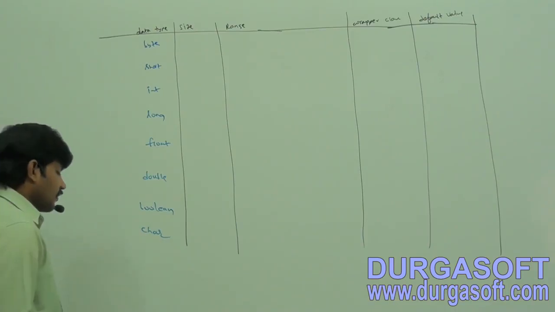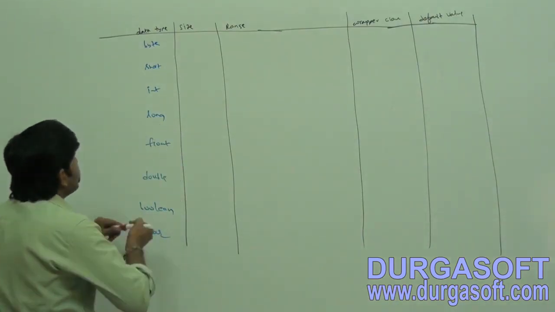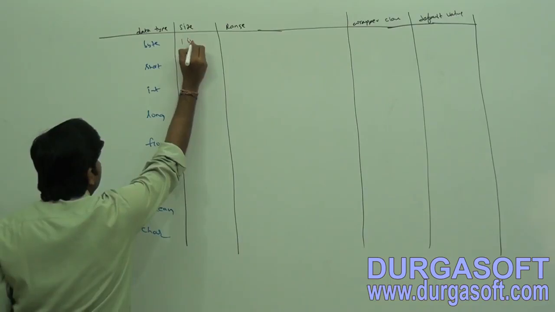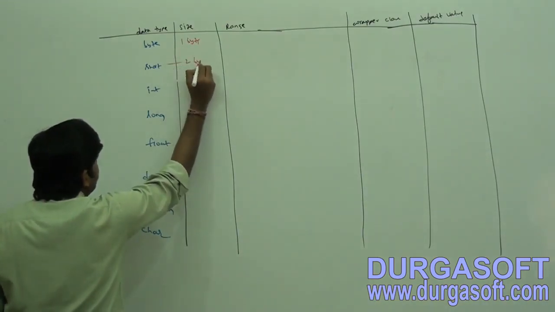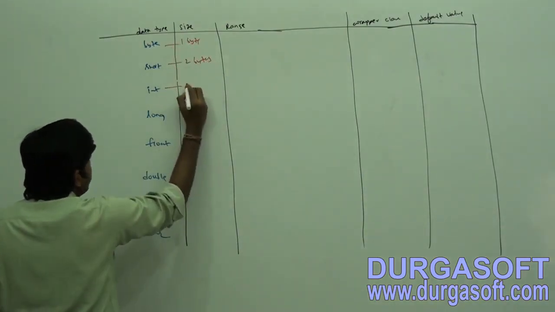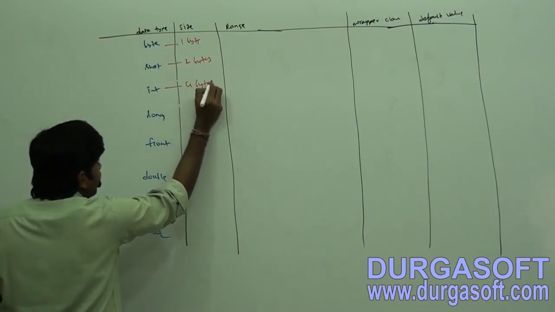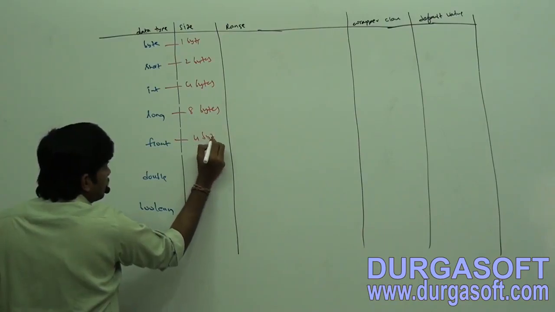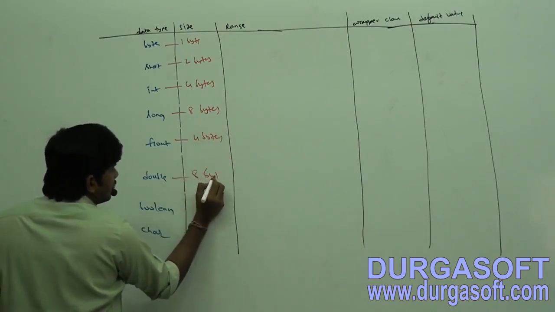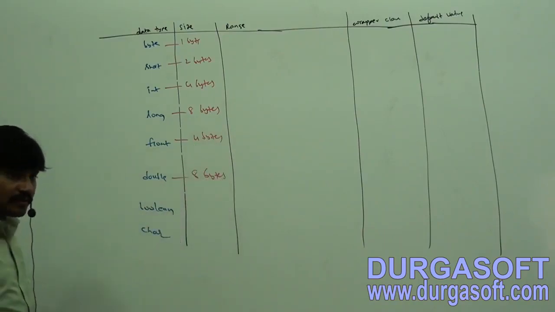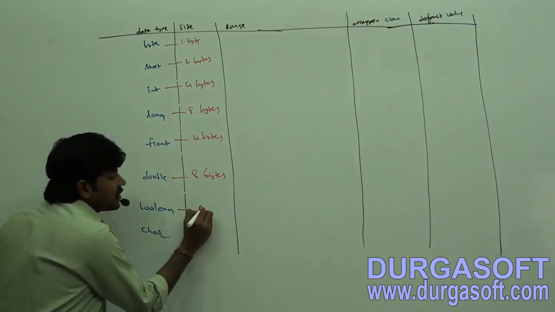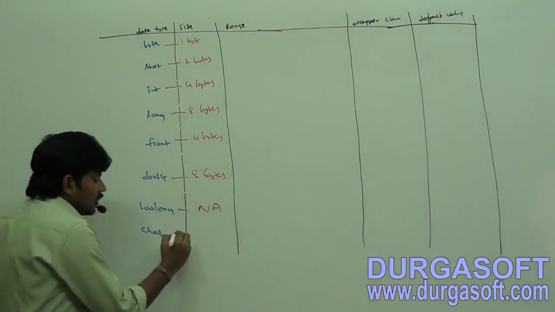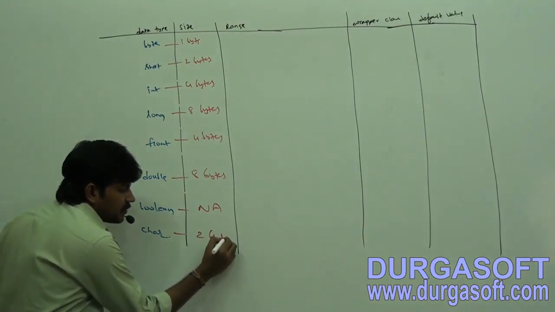Byte means 1 byte, short means 2 bytes, int means 4 bytes, long 8 bytes, float 4 bytes, double 8 bytes. Boolean, what is the size? Not applicable.